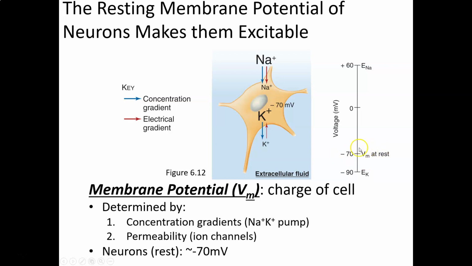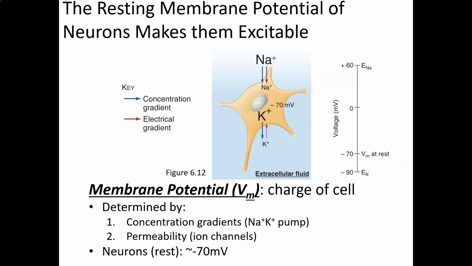So if you look, you'll see that we're much closer to the minus 90 than we are to the positive 60, which means the cells, when they're at minus 70, are primarily permeable to potassium and only slightly permeable to sodium. So what determines the resting membrane voltage to a large extent is the relative difference between the open and closed ion channels.